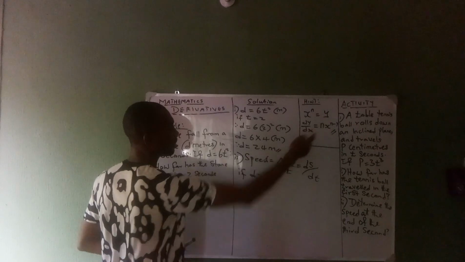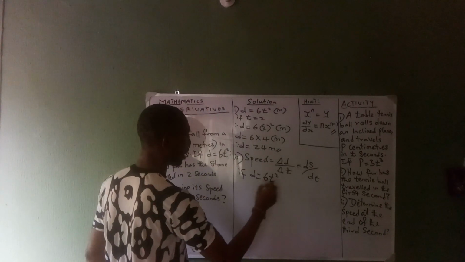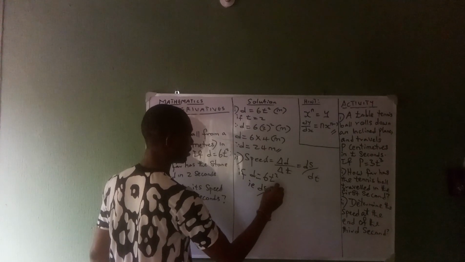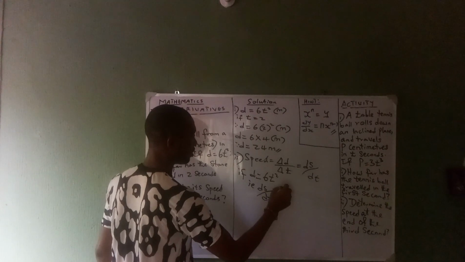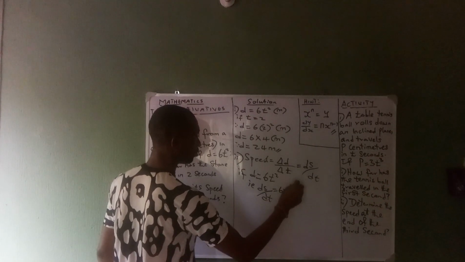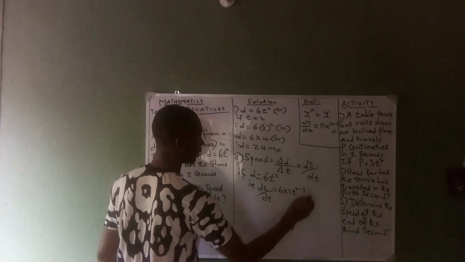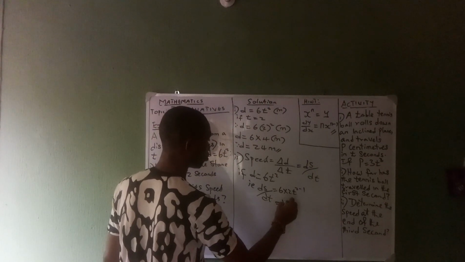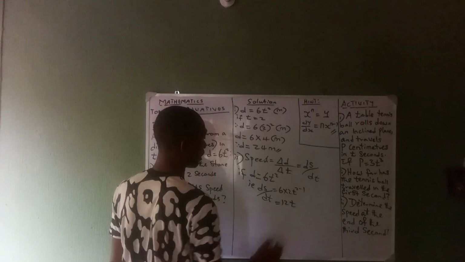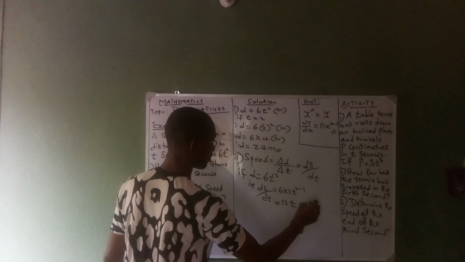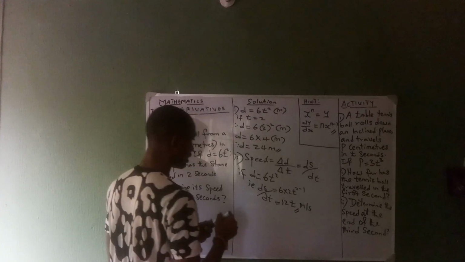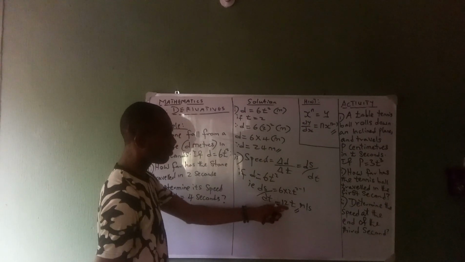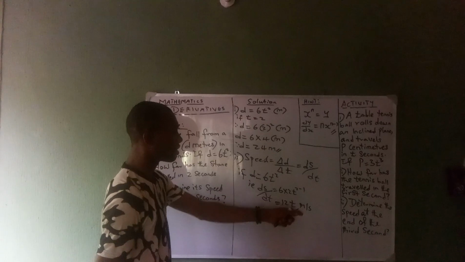So if we have something like this, our dx over dt will be equal to 6 times 2, then t raised to the power of 2 minus 1, which will be equal to 6 times 2, which gives us 12. T to the power 2 minus 1 is t. This one is in meters per second. So our dx over dt will now be 12t in meters per second.